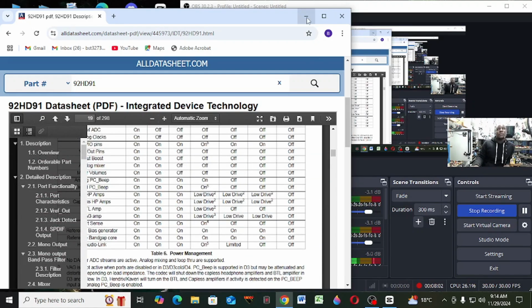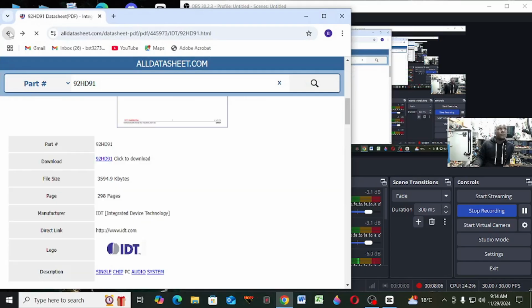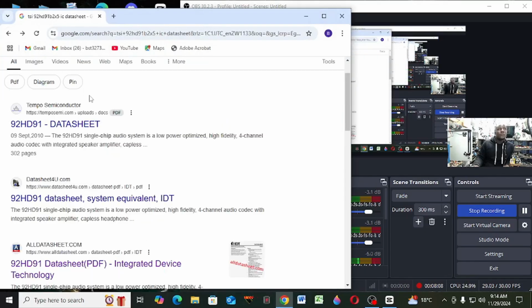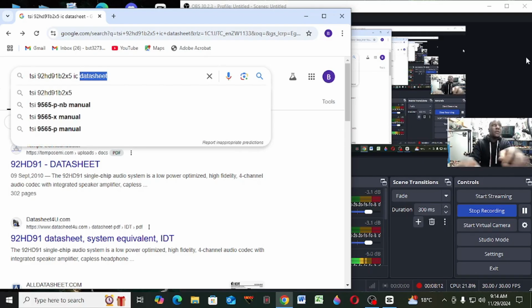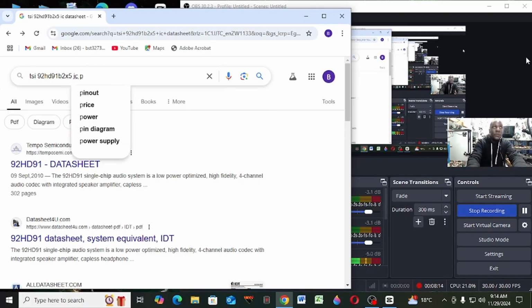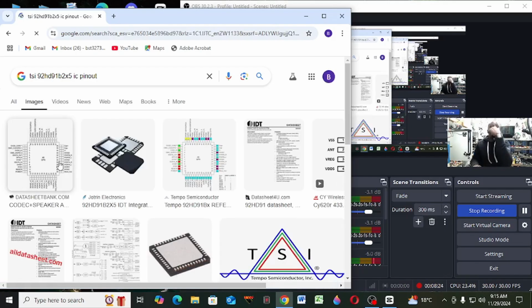Where's this chip? I see the pinout. Let's see if I can get something. But I think that's the one.